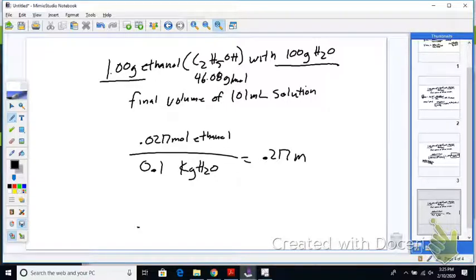Let's get a scenario here where we do one more for the molality that gives students trouble. I'm going to set up an example involving molarity and converting it to molality.